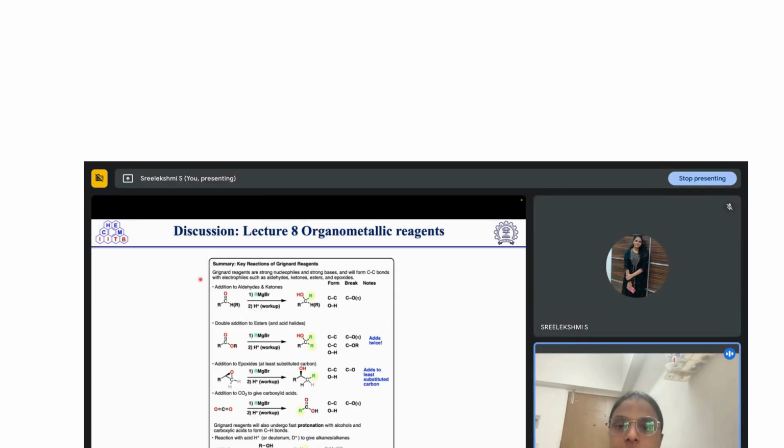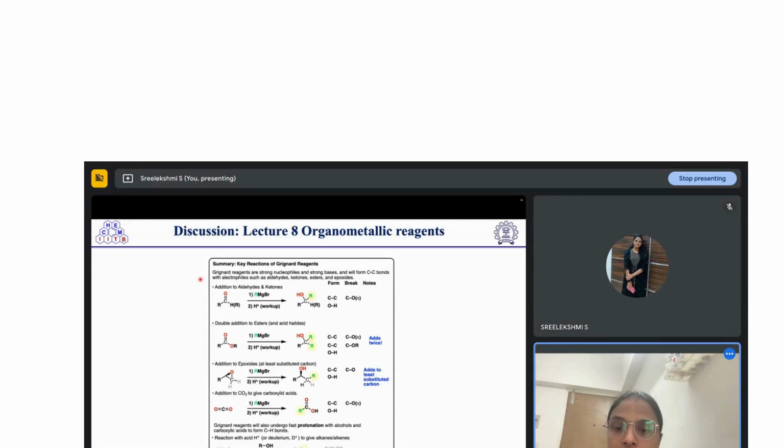Here there is a summary of Grignard reagent reactions, with aldehydes, ketones, and esters. With esters, it adds twice, that is, double addition takes place if we use two molecules of organomagnesium bromide. In addition to epoxides, it adds to the least substituted carbon. If the organomagnesium reagent is added to carbon dioxide, we get the carboxylic acid.